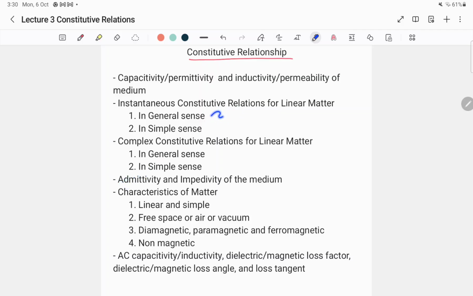In the general sense, it turns out to be the admittivity and impedivity of the medium, which gives us the relationship for the magnetic loss factor, dielectric loss factor, AC capacitivity and inductivity, and the loss tangent.